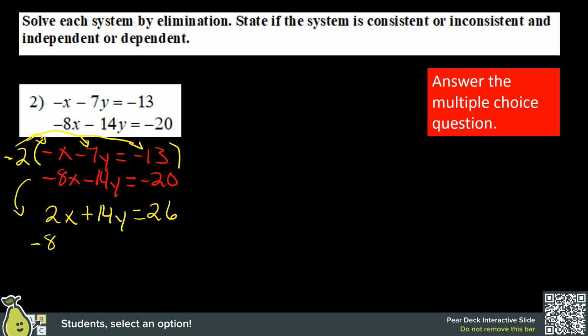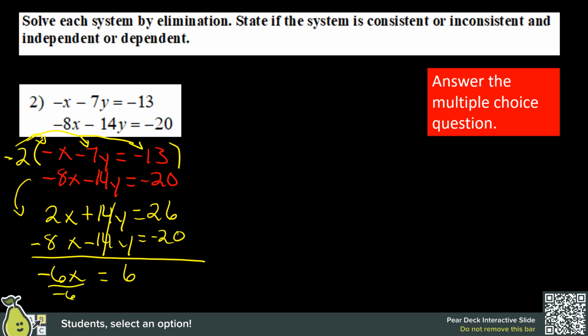We'll say negative 8x minus 14y equals negative 20. 2x minus 8x is negative 6x. 14y minus 14y eliminates. And 26 minus 20 is 6. Divide both sides by negative 6. I get x equals negative 1.